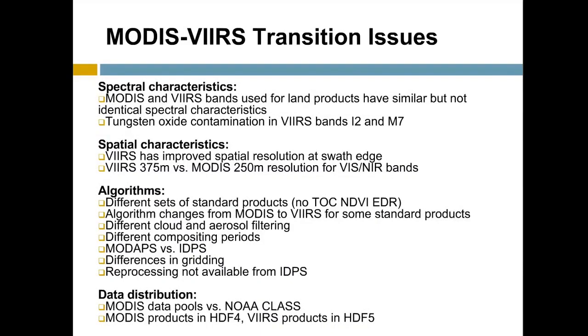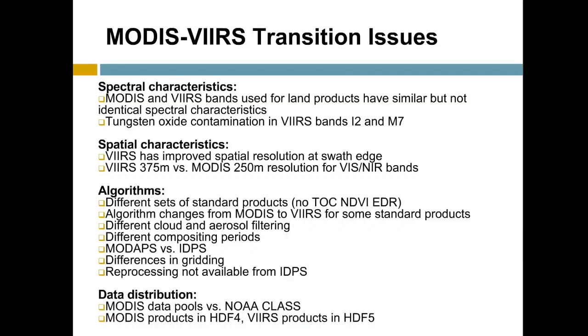While VIIRS is similar to MODIS, there are many differences in the spectral and spatial characteristics, as well as with the data processing and data delivery. They have similar but not identical spectral characteristics, with two of the bands in VIIRS as non-functional. VIIRS has improved spatial resolution at the edge of the swath, but has a lower resolution for the visible and infrared bands.